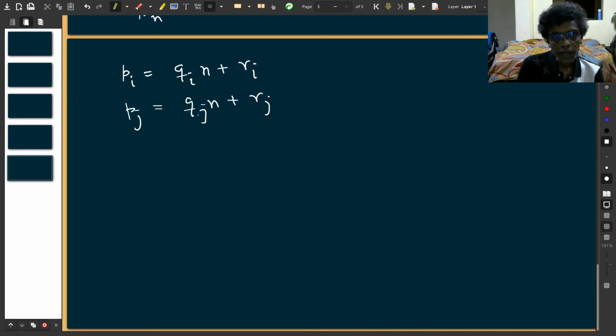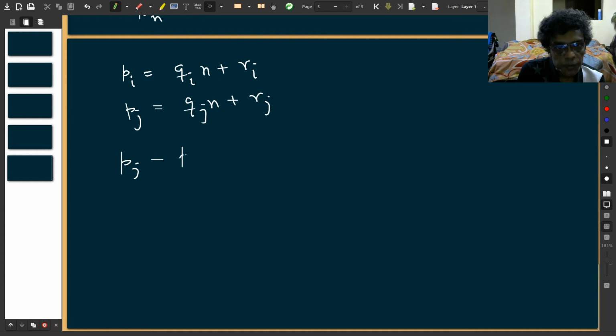If I subtract this from this and use the result that Ri is equal to Rj, we see that Pj minus Pi is a multiple of n.